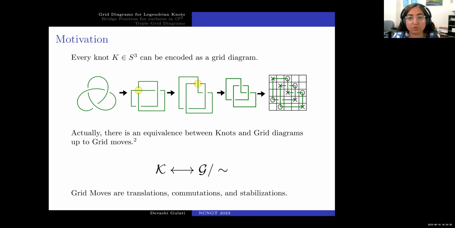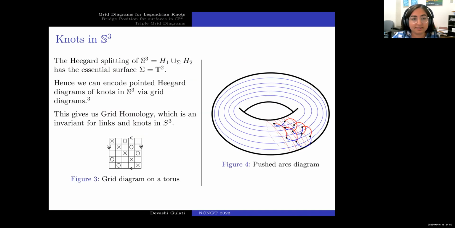It turns out that not only do we have a grid diagram for every knot, we actually have an equivalence between knots and grid diagrams up to grid moves. Grid moves are translations, commutations, and stabilization. This is even more useful because the Heegaard splitting of S3 has the essential surface, which is a torus.